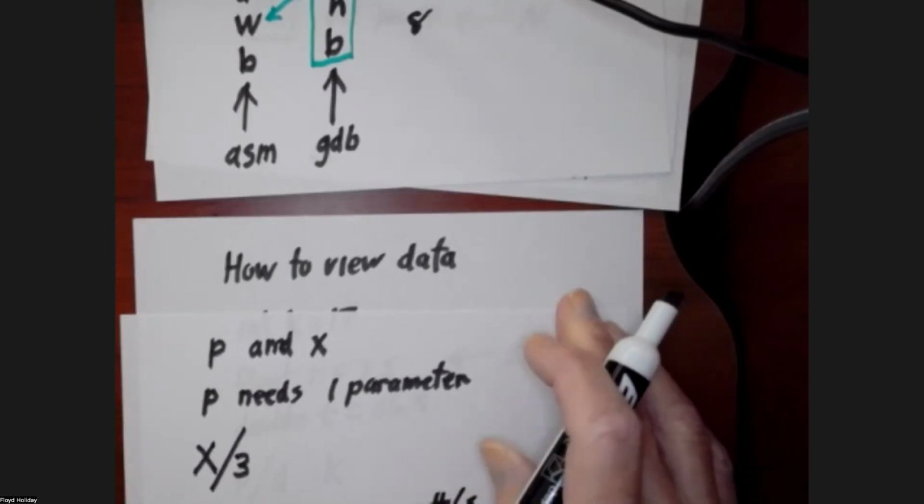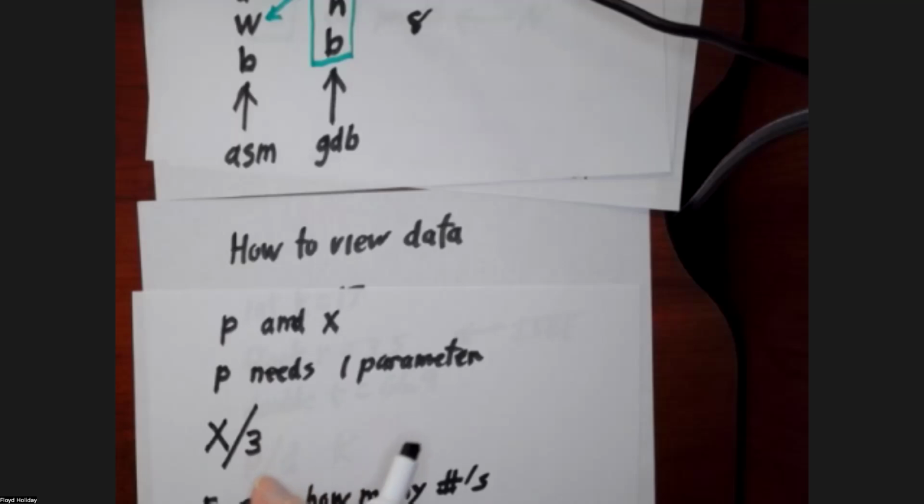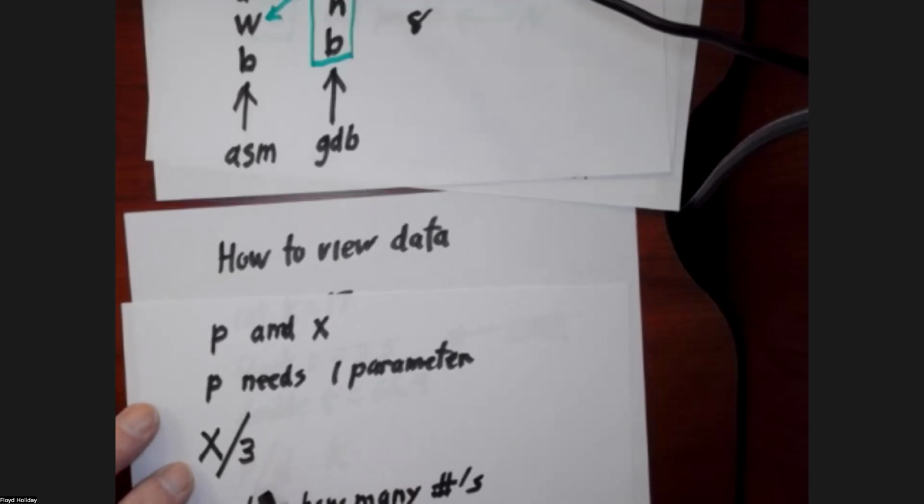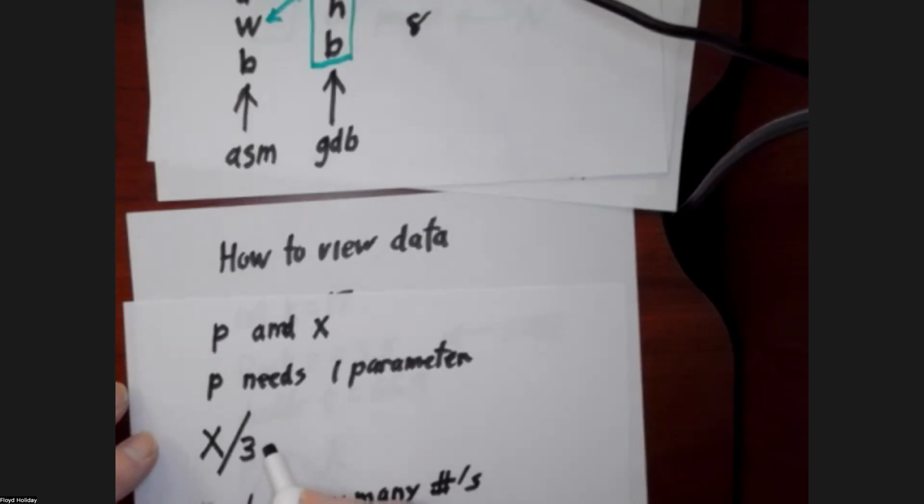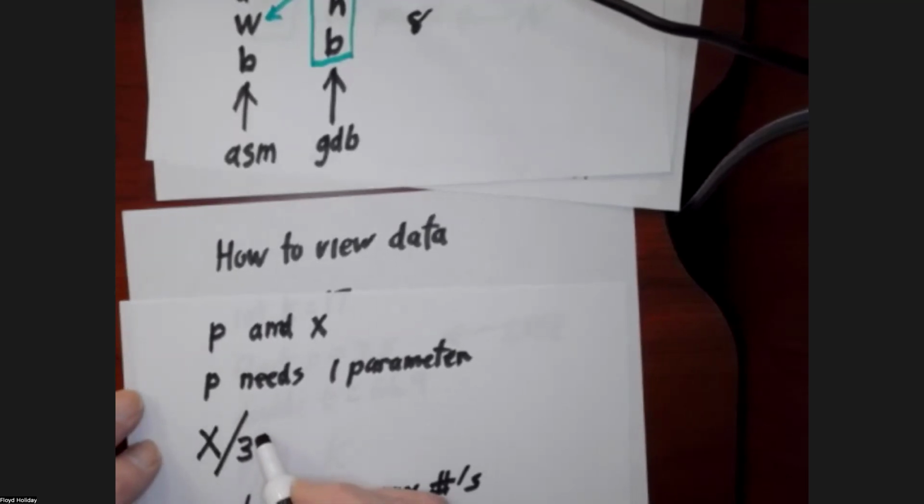P has no choice for that. If you use P, you get one number. When you use X, you can ask for 3 in a row. It needs a type in the middle. Let's pick float type. So second parameter.